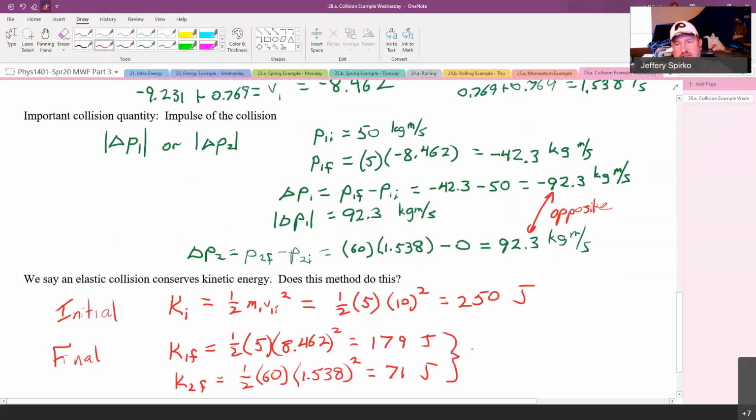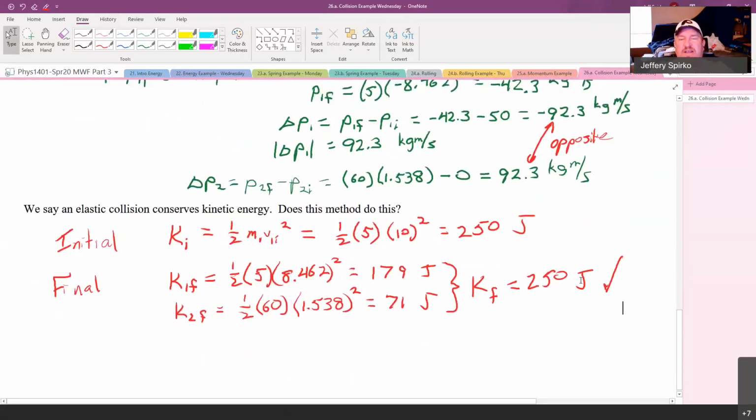And notice K final total is the total of those, 250 joules. Check. We have confirmed that the calculations we did produce results that have conservation of energy.